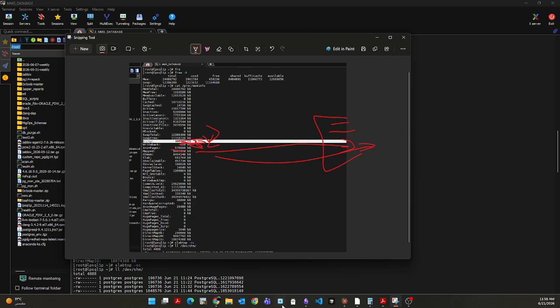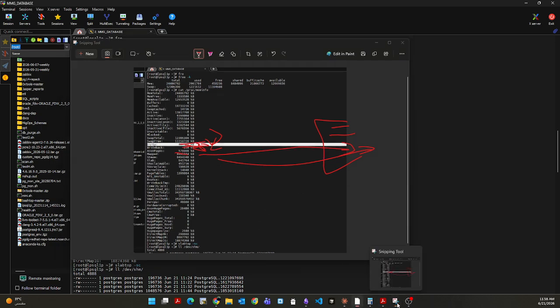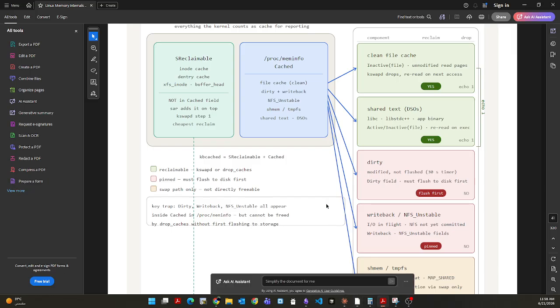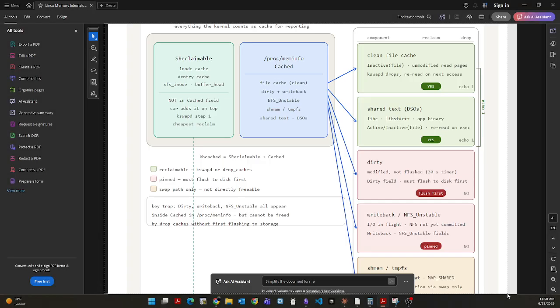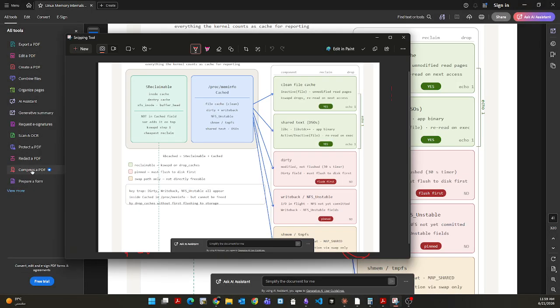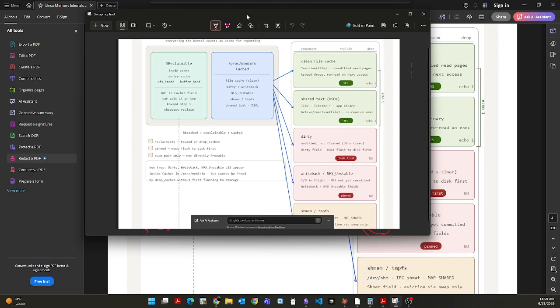Let's go back here. As we said, when the system is trying to write to the disk, it takes it from the dirty to the writeback.